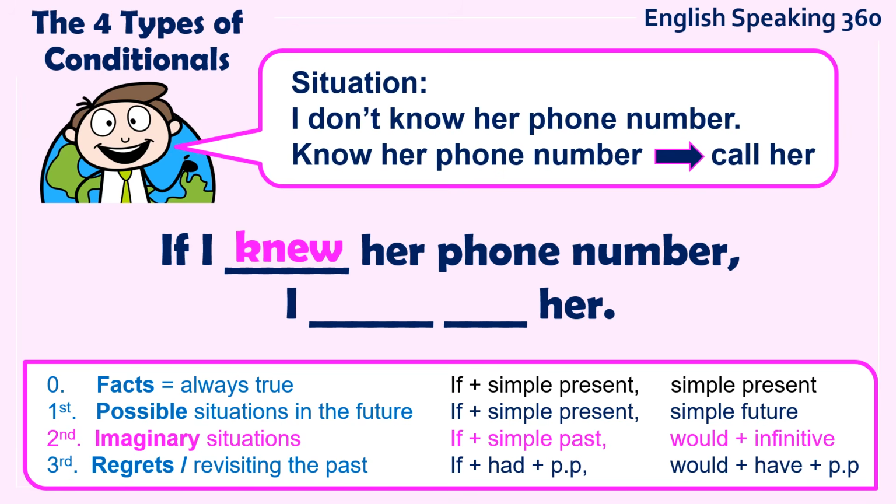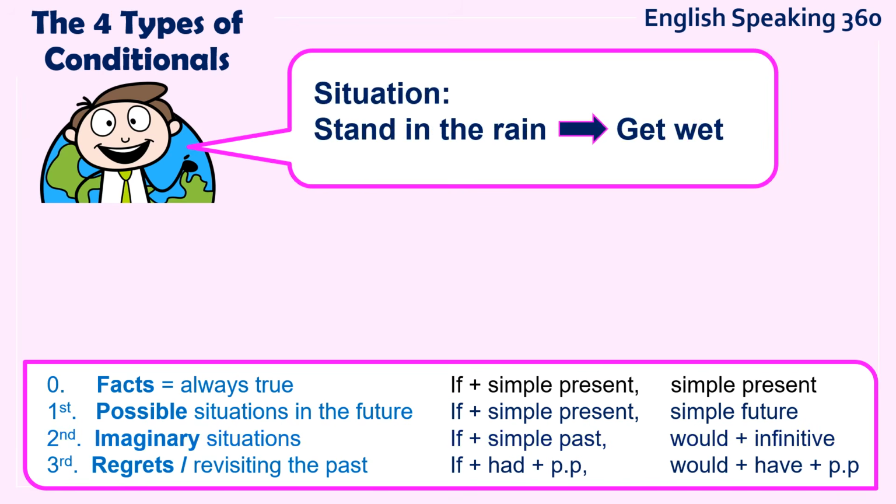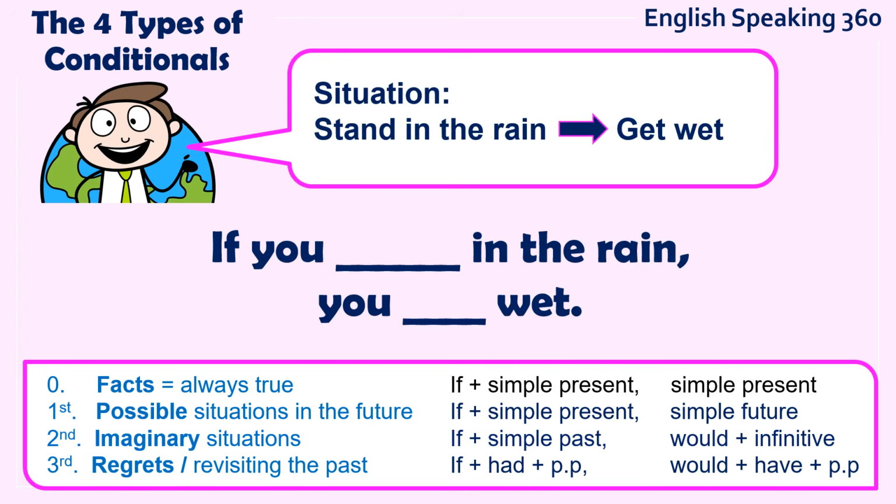If I knew her phone number, I would call her. Stand in the rain, get wet. It is a fact. It's always true. So if you stand in the rain, you get wet.